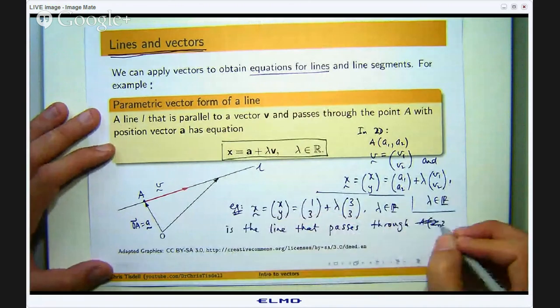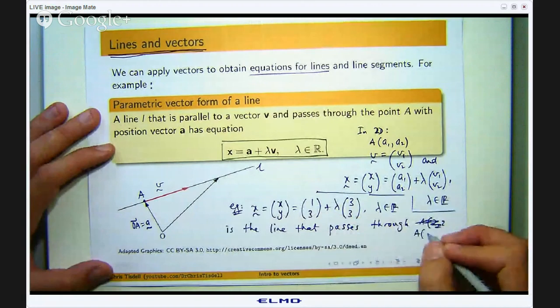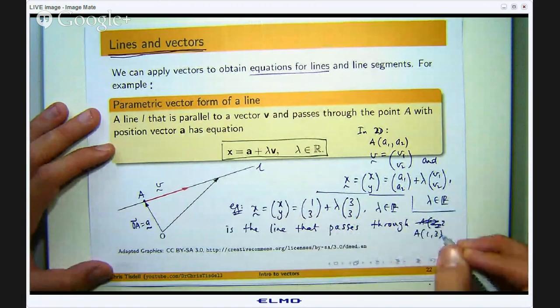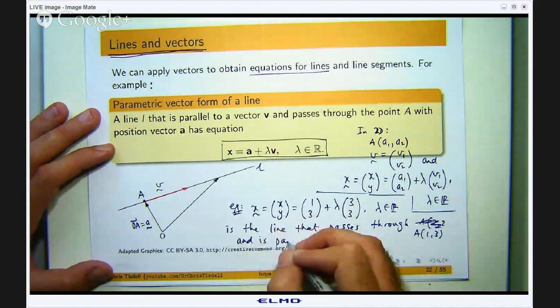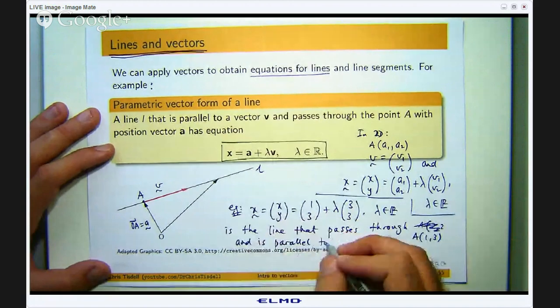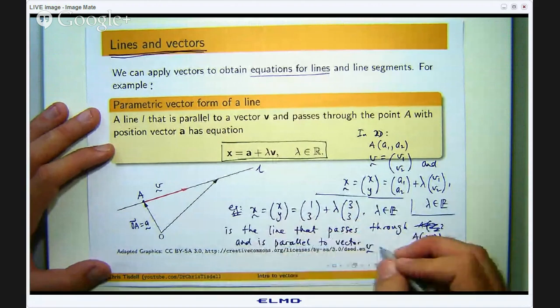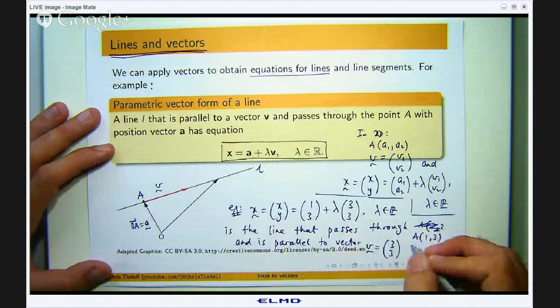Sorry, let me fix that up. 1, 3, and is parallel to the vector V.